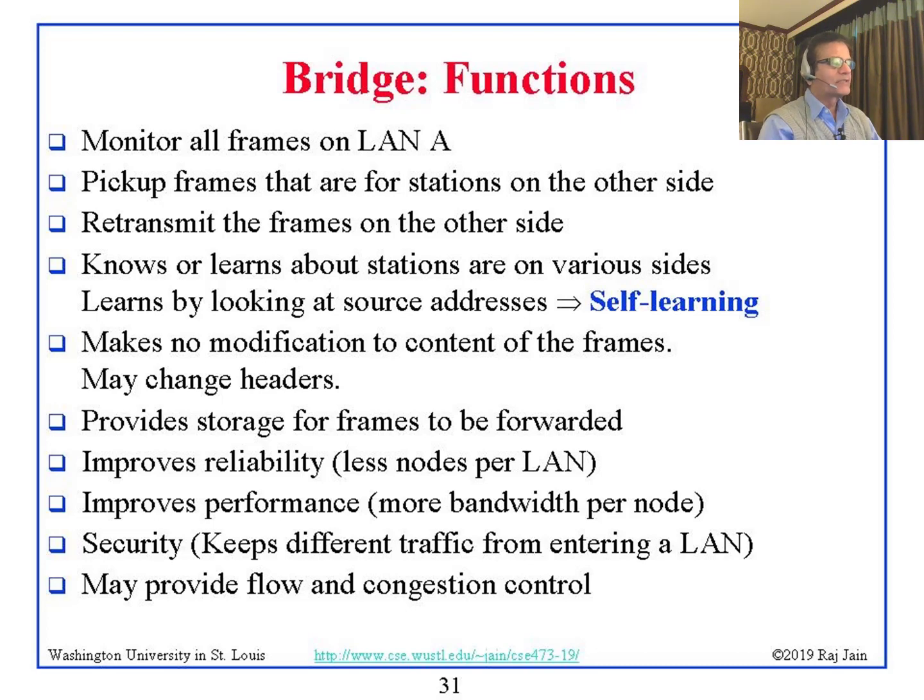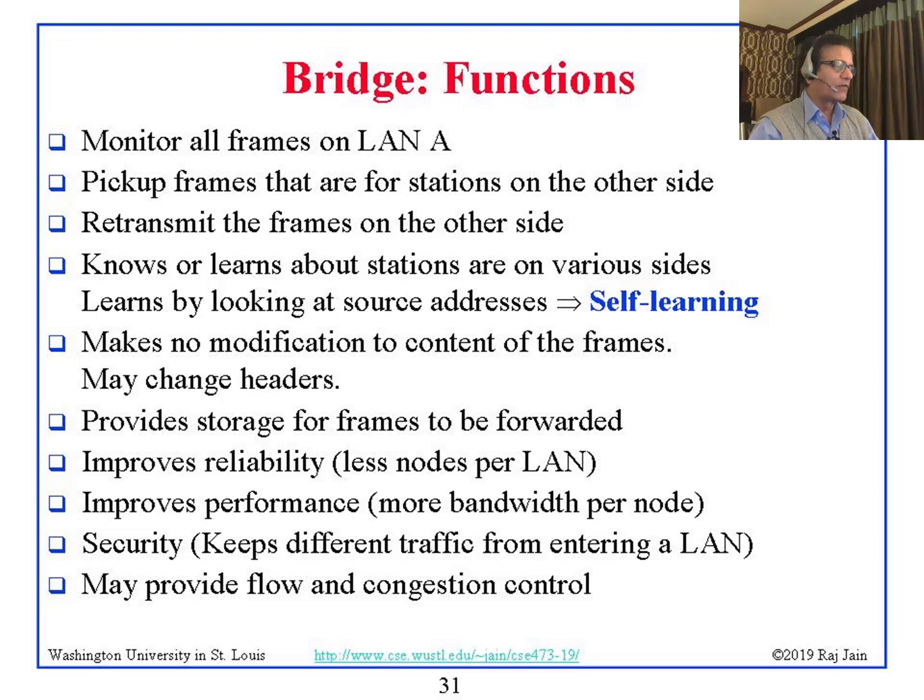They pick up the frames that are for the stations on the other side. They retransmit the frames on the other side if it is for a station on the other side. It learns about the stations on various sides by looking at the source address. They are self-learning. Makes no modification to the content of the frame, may change headers.